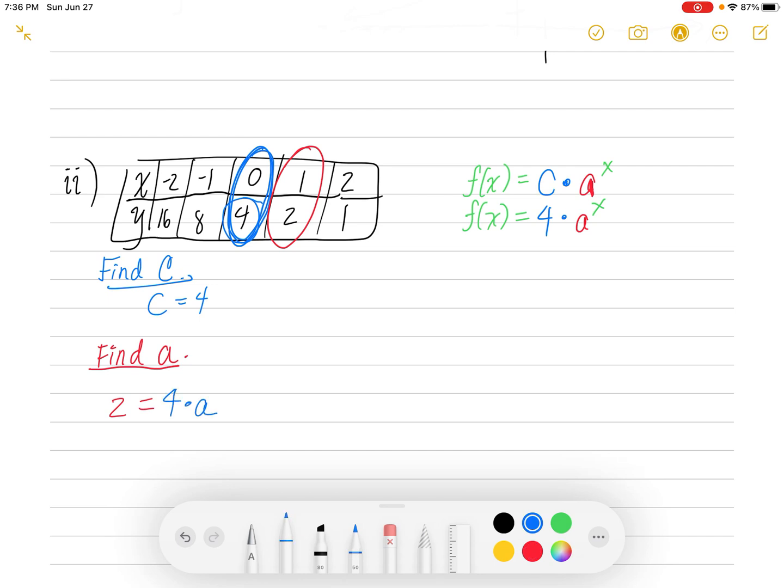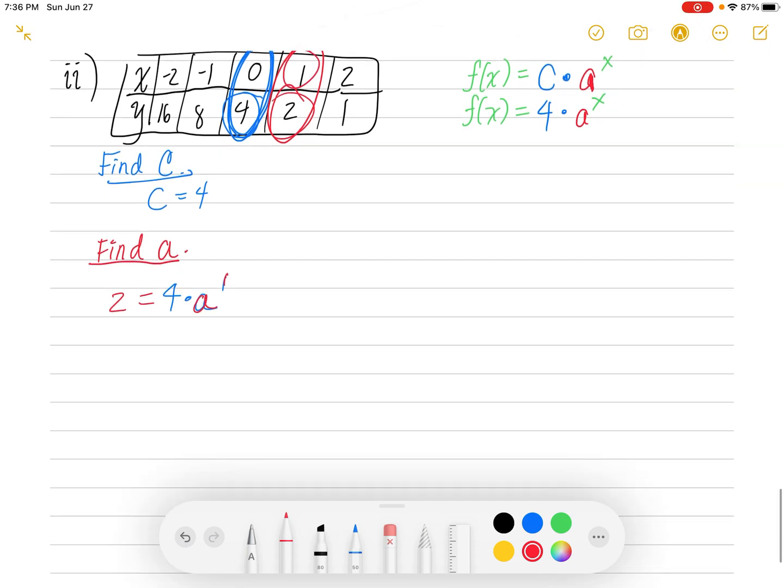So x is 1, y is 2. So I'm going to plug in for the f of x, or the y, 2 equals 4 times a, and x we know is 1 here. In place of the f of x, I put a 2, and in place of the x, I put a 1.